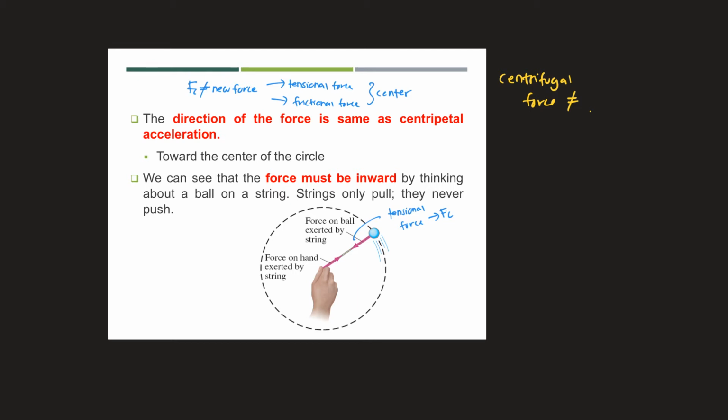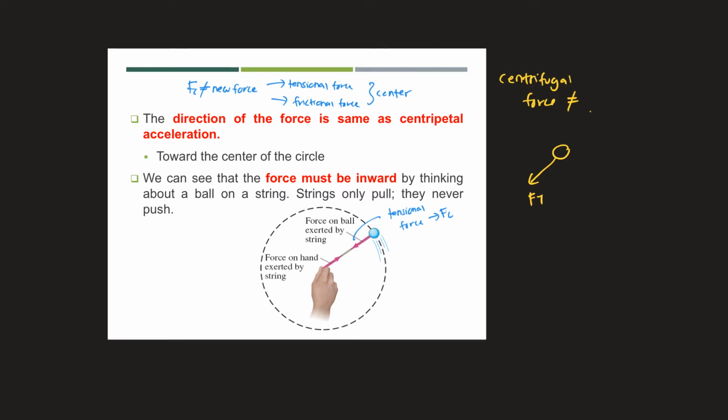Okay, centrifugal force doesn't exist. The outward force you feel when you swing the ball comes from the inward force that you give it. For example, you pull the ball inward because you want the ball to move in circular motion. By Newton's third law, every action has a reaction with the same magnitude and different direction.